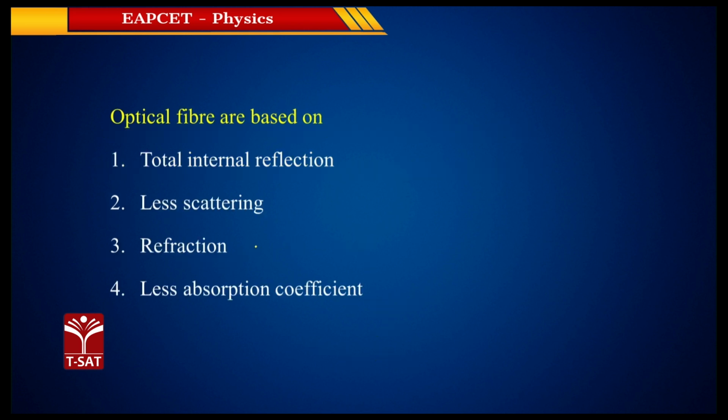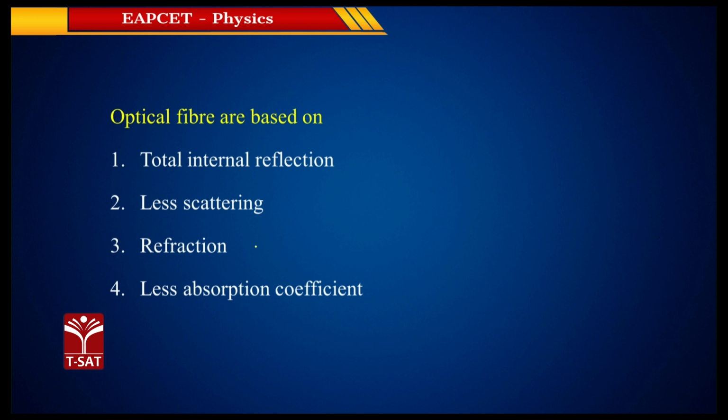Okay. Next, optical fiber is based on total internal reflection, less scattering, refraction, less absorption coefficient. You know that, children, optical fiber is based on total internal reflection, TIR. What is total internal reflection?